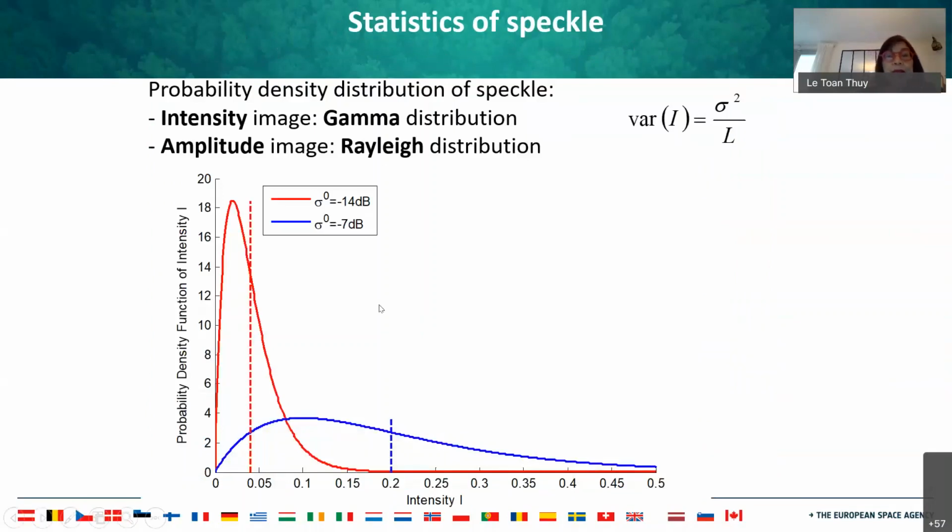Here you have two objects, one red and the other one blue. One is some dark object here, minus 14 dB, and here the brighter object, minus 7 dB, with the mean value somewhere here.